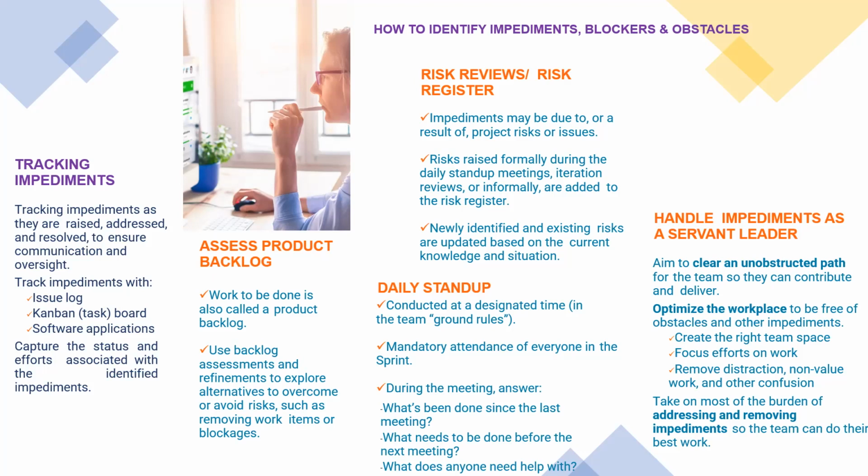So when you have done a risk register, you can study the risk register and begin to realize where possible risks can emerge in this work. And some of these risks may cause what? They may become impediments, they may become blockers, or they may become what? Obstacles, so that I need them on the board.